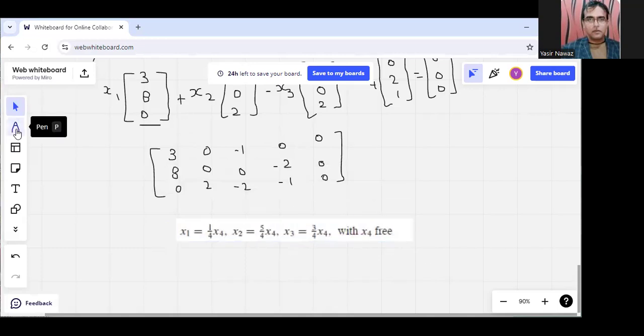In echelon form, you can either make it one or not. But you must convert this non-zero entry to a zero entry beneath this entry. This would be the first pivot, and here would be the second pivot, which is non-zero.